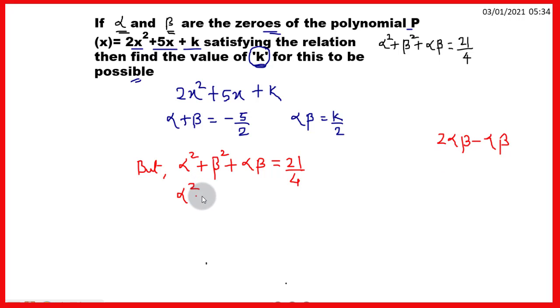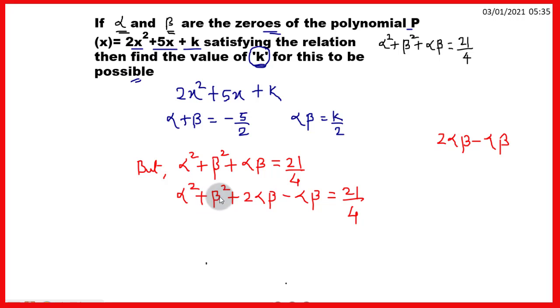So that is alpha square plus beta square plus twice of alpha beta minus alpha beta, which is equal to 21/4. And so here friends, these first 3 terms are alpha square plus beta square plus 2 alpha beta.